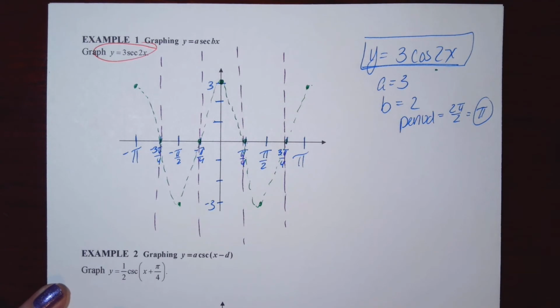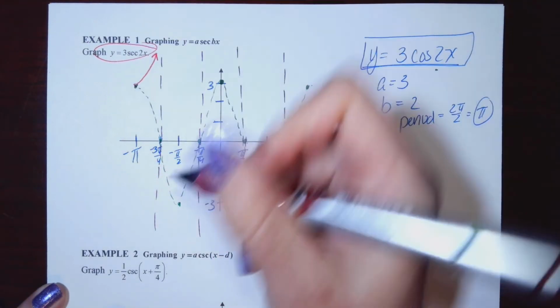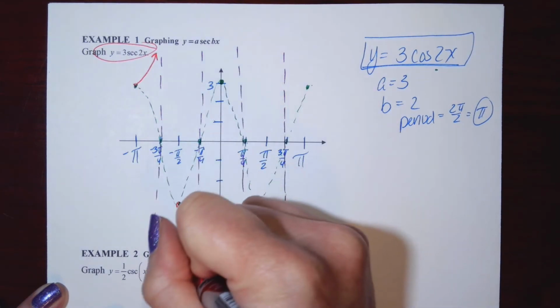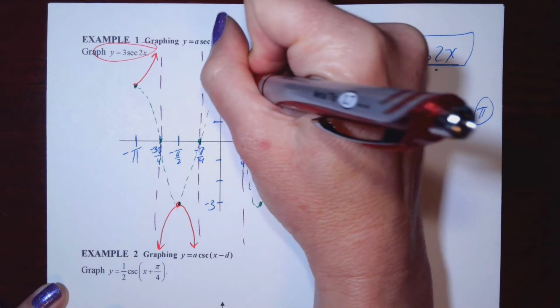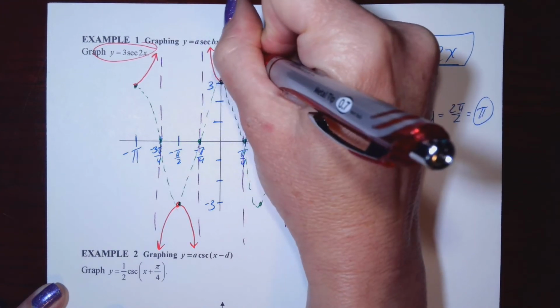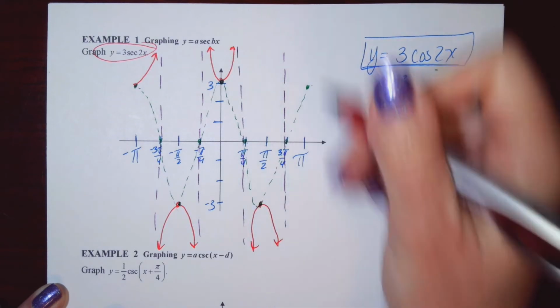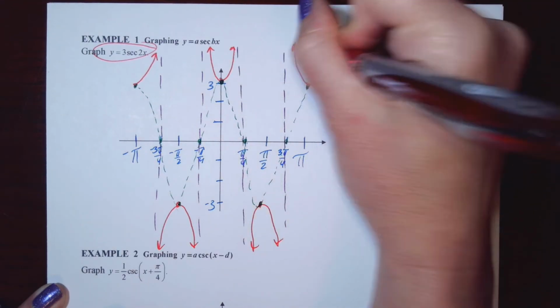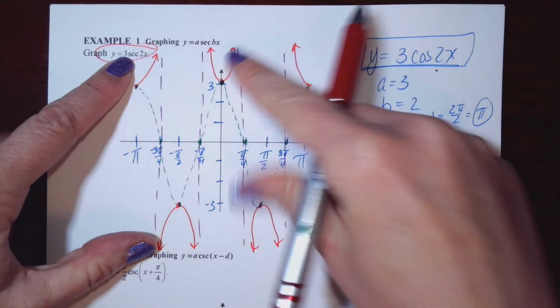When I graph secant, I start with cosine, I draw in my vertical asymptotes, and then wherever I have a peak, I go up. Wherever I have a trough, I go down. I'm confined by those vertical asymptotes. So the actual graph of secant is those vertical asymptotes and these little parabolas.